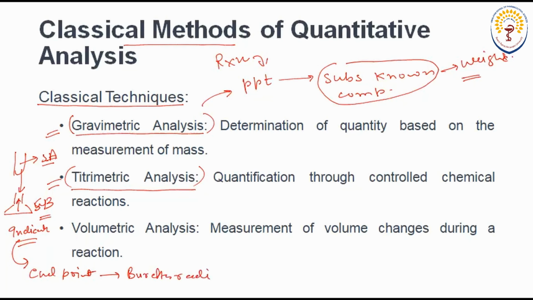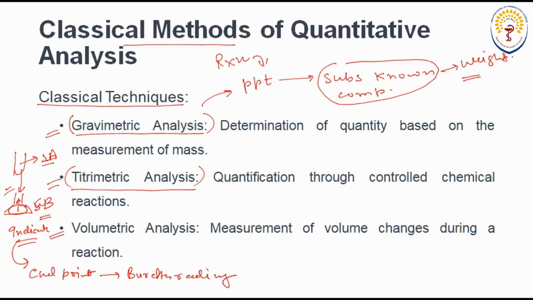By that reading and some physical chemistry calculations, you can easily know the amount of base present in the sample. So this is titrimetric analysis, which is also a kind of quantitative analysis.